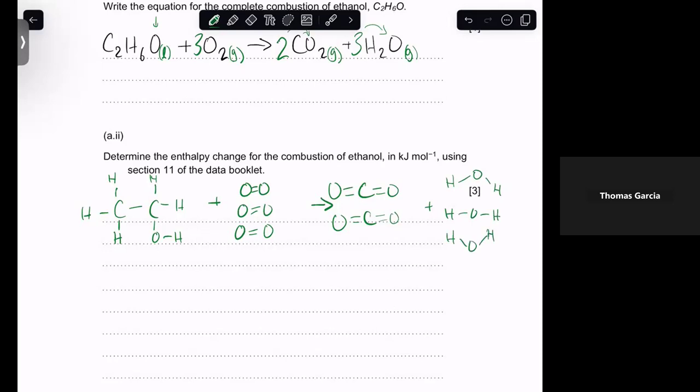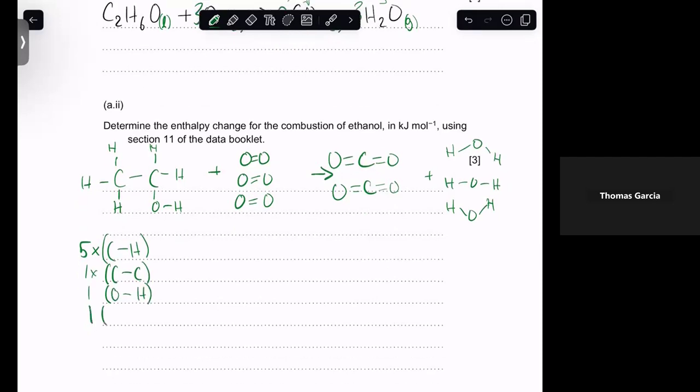So we need to take all our bonds and compare them. When I look at this, I notice that I have 5 times our C single bond H bonds. I notice I have 1 C single bond C, and I have 1 O single bond H. I also have 1 C single bond O. There's all my bonds there.